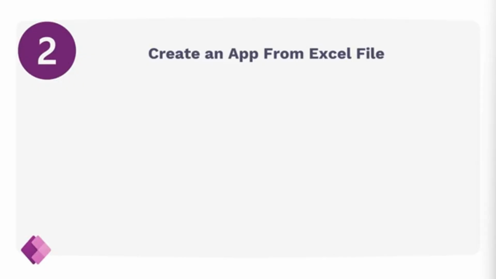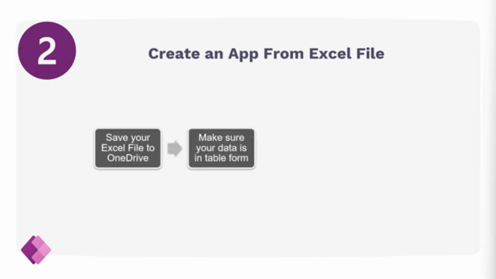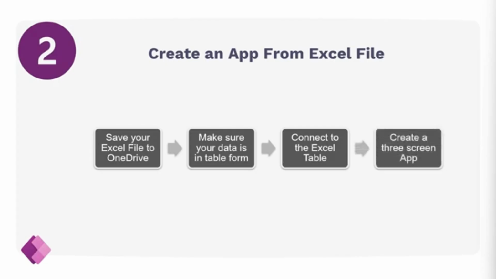So just a recap from creating an app from an Excel file. We need to first save our Excel file to OneDrive and then make sure that our data is in table form. We need to connect to the Excel table by using the Create wizard. And we get a really nice 3-screen app.